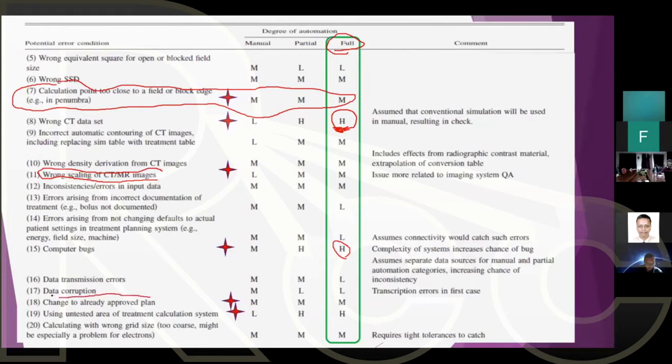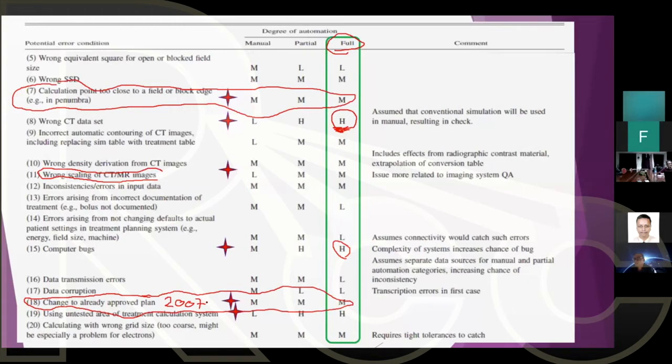Changes to already approved plans. This is very important. Excuse me, my mouse is not steady. In 2007, I think, we had the IMRT case in New York. A patient was going through IMRT treatment, received, I think, the first fraction, and then the plan was redone. The physician wanted to revise the plan, but the physicist didn't do the QA on time.